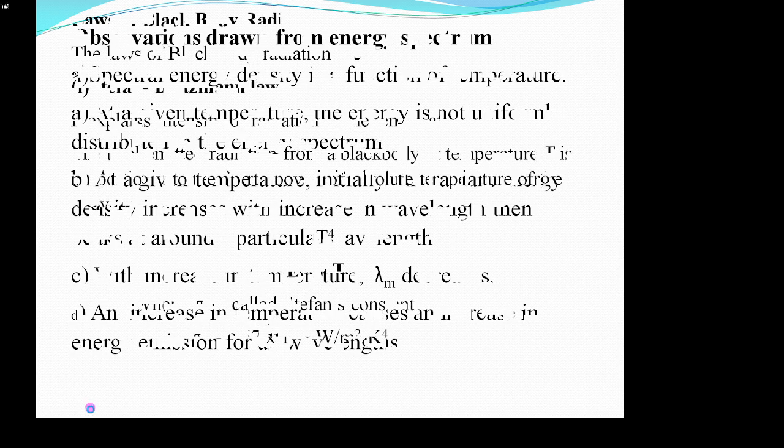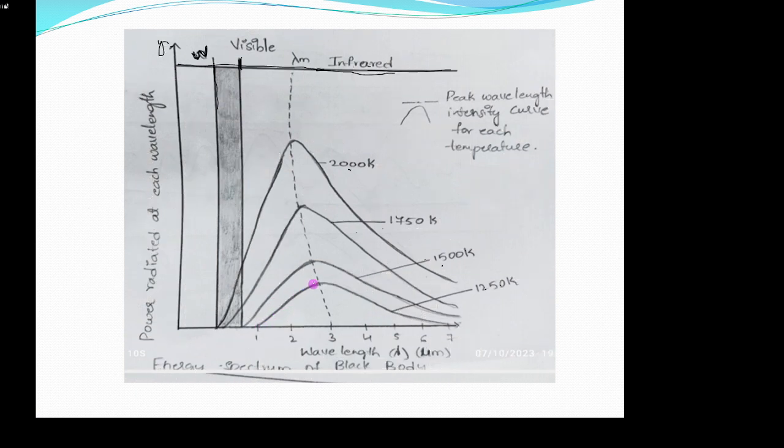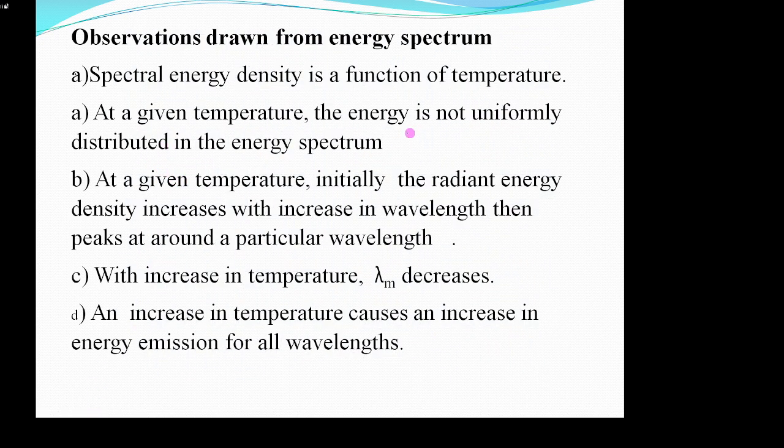If I take 1250 Kelvin, the energy is not uniform: it increases, reaches a maximum value, and later decreases. So this is the second point: at a given temperature the energy is not continuously distributed.